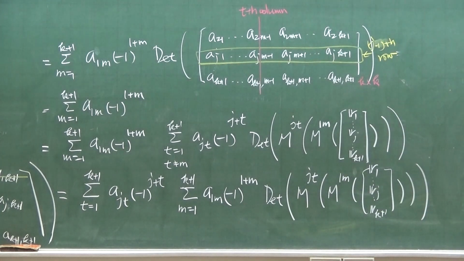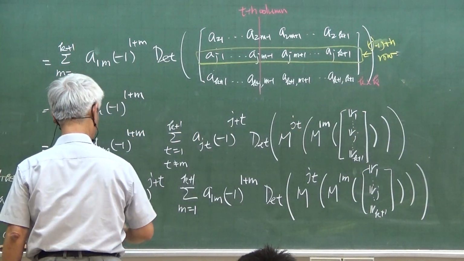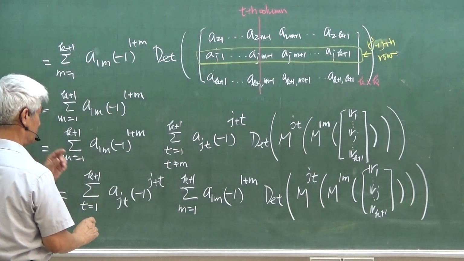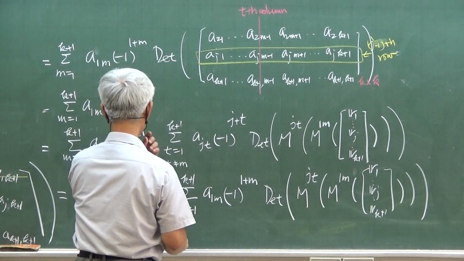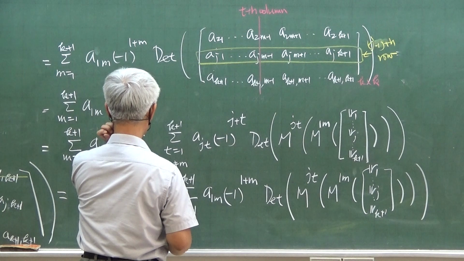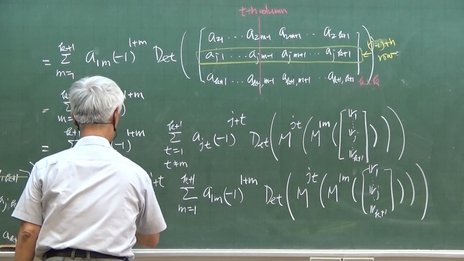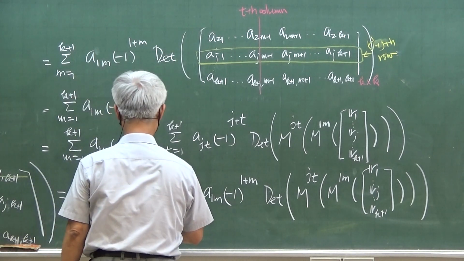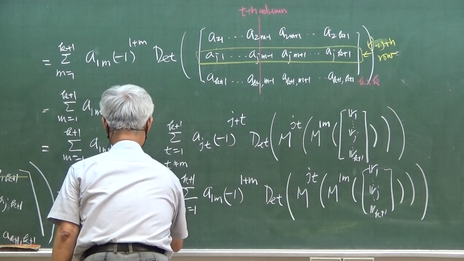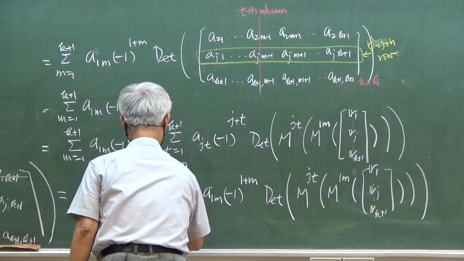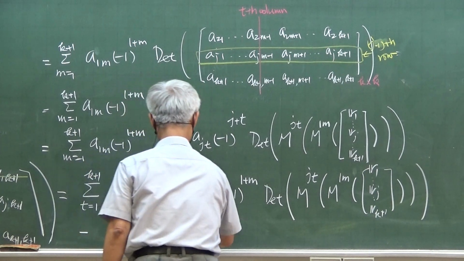Alright, 3. Minus the summation. So the minus would be for each m, okay, the minus, and from 1 to k plus 1, and a_jm, a_1m minus 1.